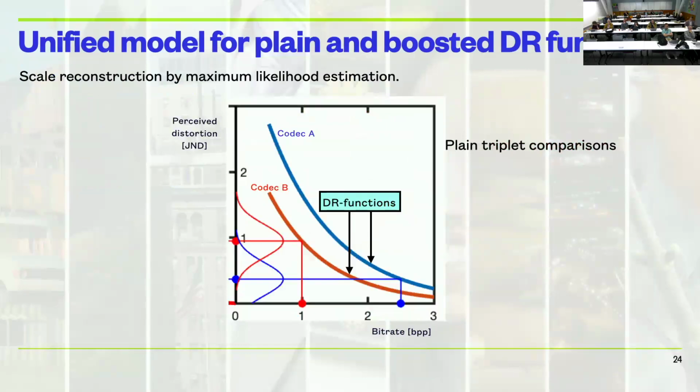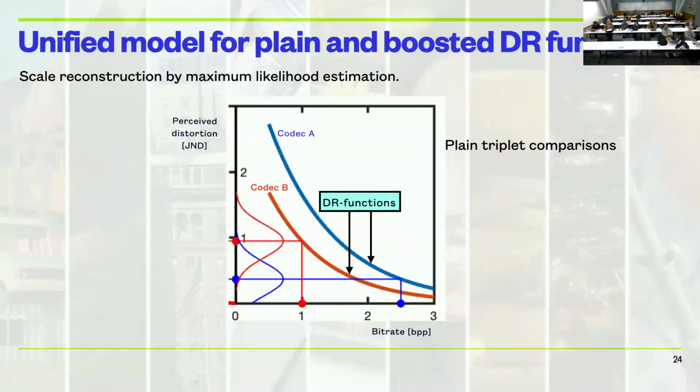So what do we have? Let's look at the plain triplet comparisons first. We have here the bit rate, and let's say 2 distortion rate functions for 2 codecs that are under investigation. They are different. They are from a mathematical model. I will get to the formulas later.